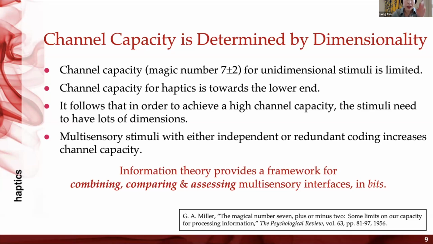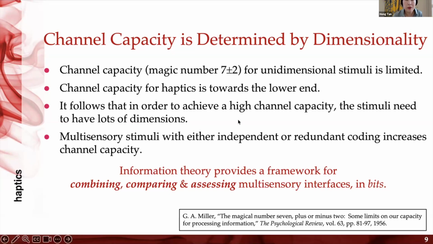So it has many, many dimensions, so to speak. And if each dimension can carry 7 plus or minus 2 signals, and then you combine all of them, all of a sudden it's a very rich display. So multi-sensory stimuli can code more information and they can lead to higher channel capacity.